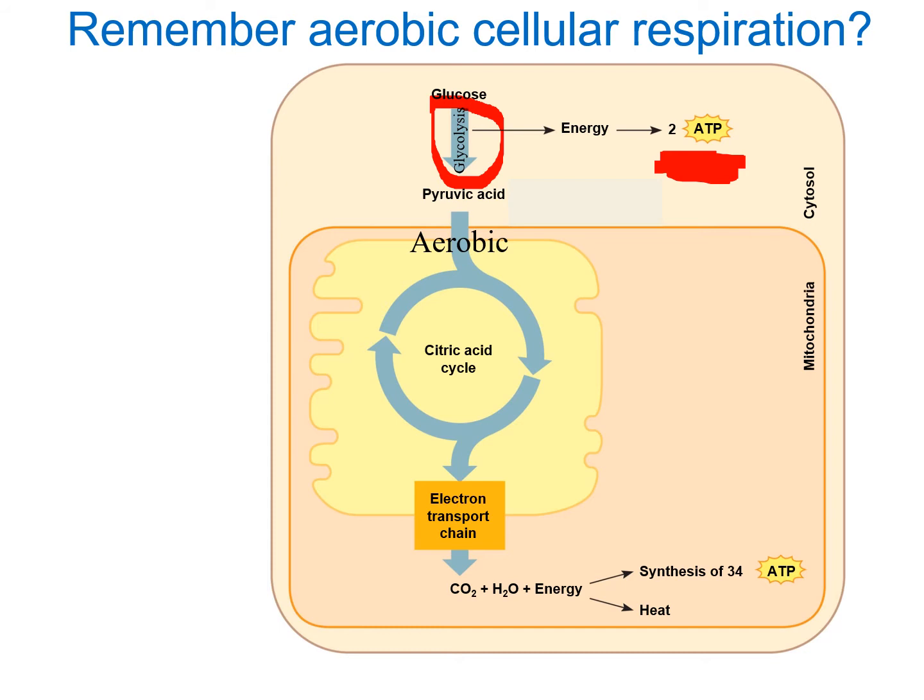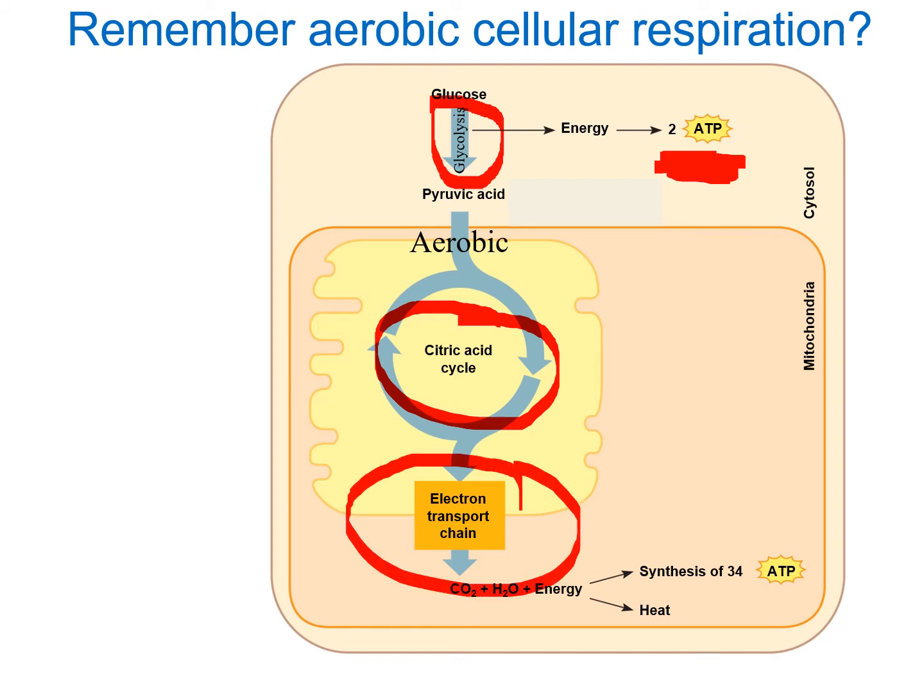And then that pyruvic acid entered into the mitochondrion, where we underwent, remember, the citric acid cycle, where we generate a lot of NADH and FADH2 and a couple ATP, but most of it was derived when that NADH and FADH2 dropped off their electrons in the electron transport chain. Remember that?